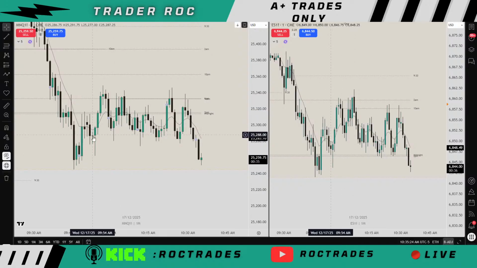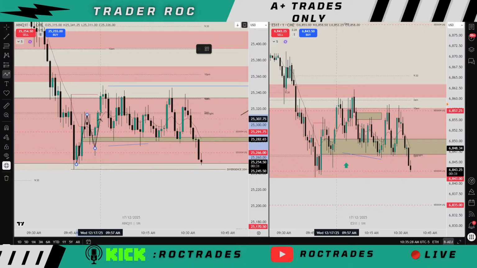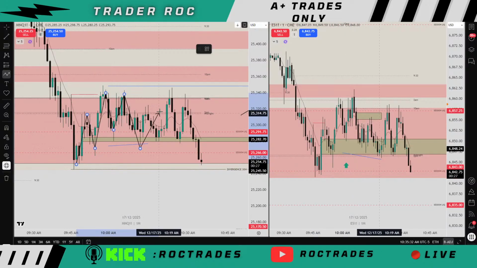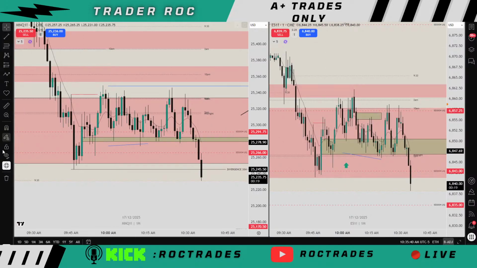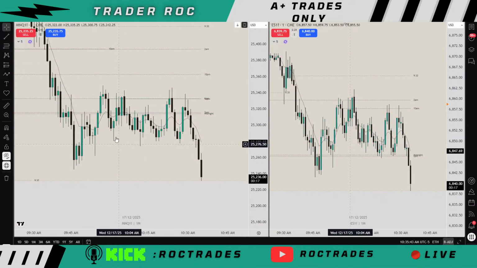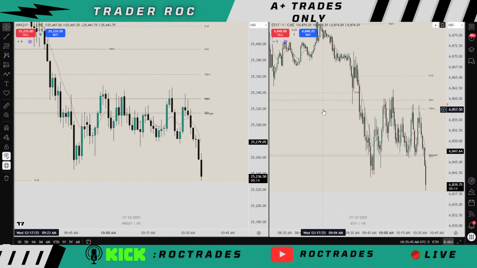You can see exactly where price broke structure to go lower. Boom, boom, boom, boom, boom, break structure. Then price pulls back, gives you a little internal high, sweeps that internal high, and back lower. That's beautiful. I really wish price was that easy to read. Most of the time, it's not like this though.